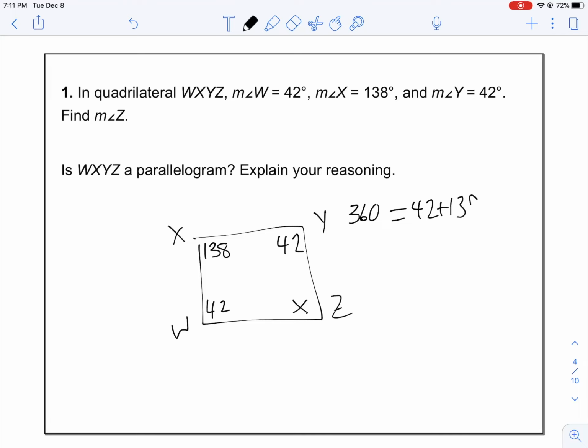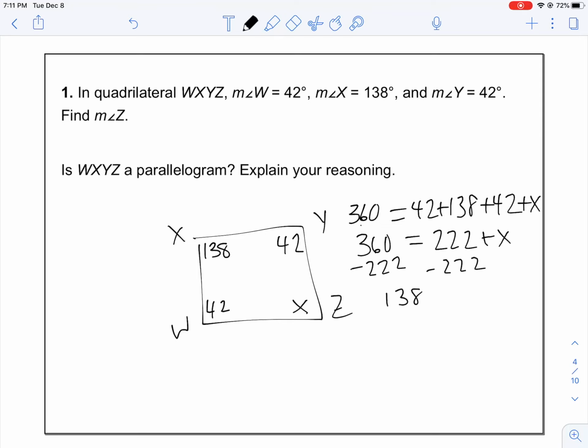So 42 plus 138 plus 42 plus X should equal 360. Combine your like terms here, you get 222 plus X equals 360. So minus 222, and we're going to get that X is 138.